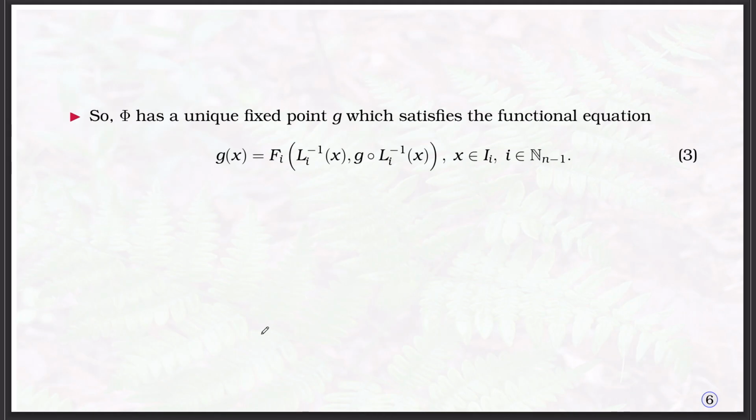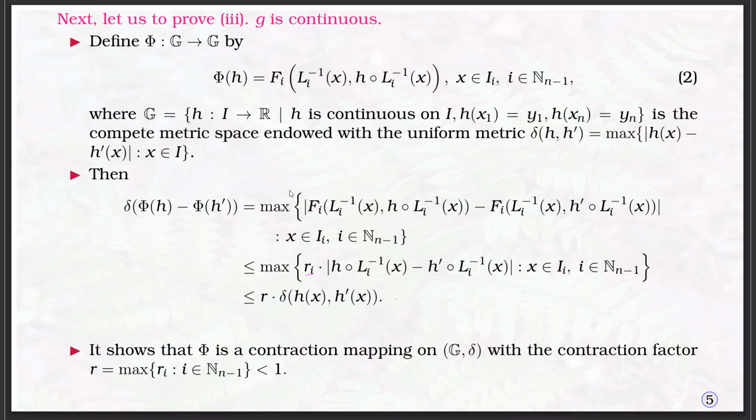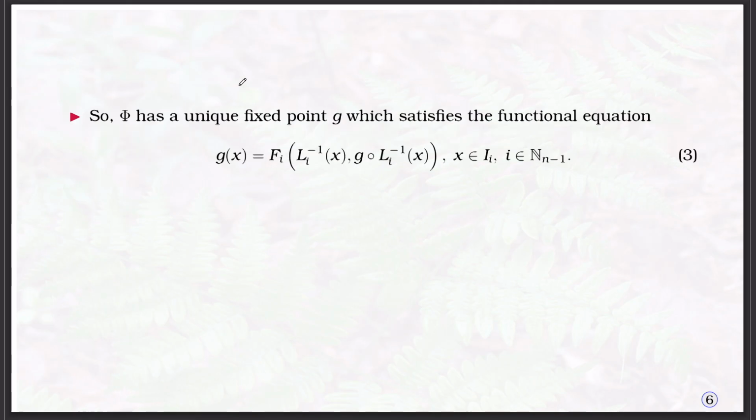That fixed point will satisfy the self-referential equation. What is our given equation? Phi of h is defined as F_i of L_i inverse of x comma h composition L_i inverse of x.